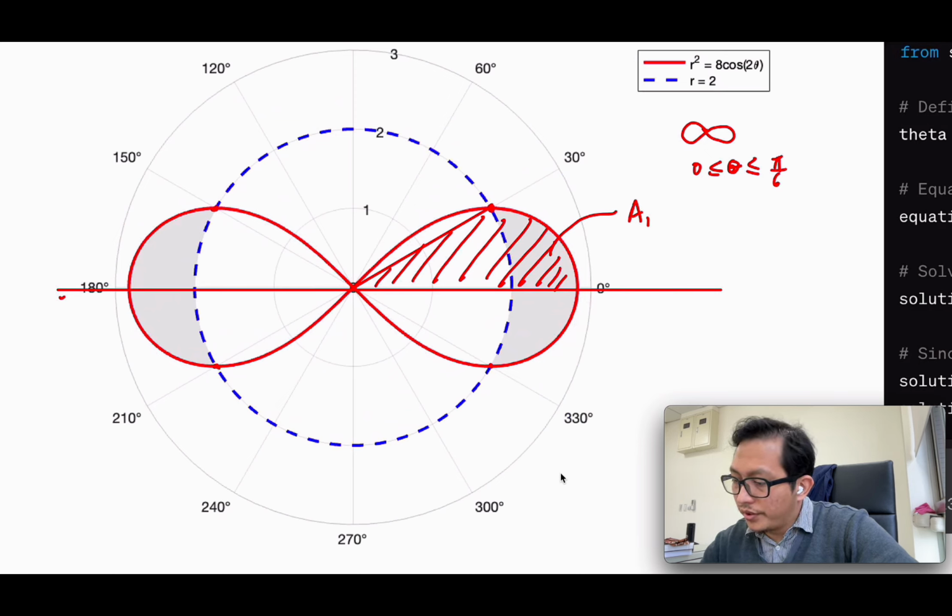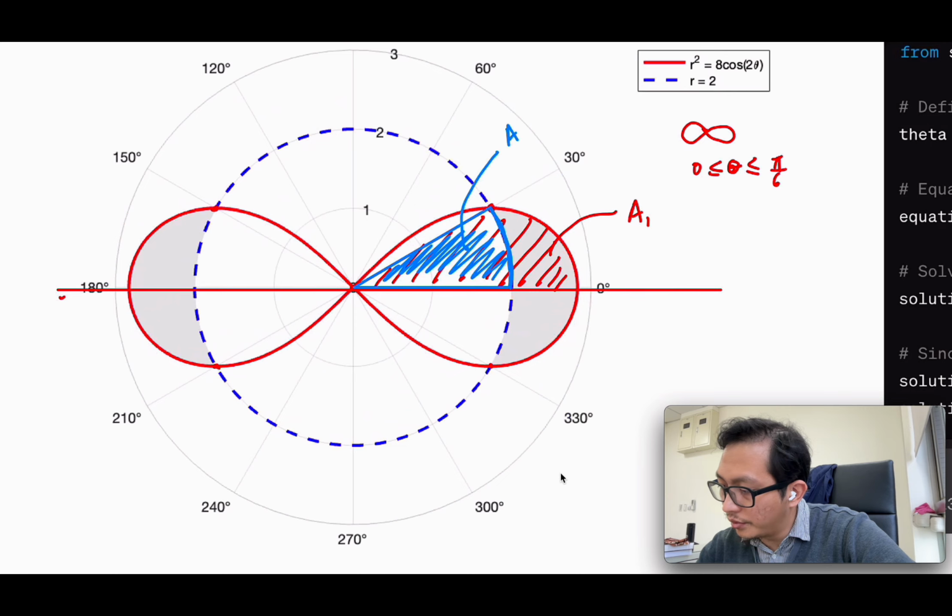If we would like to know the sector area, because this is a circle, like you slice a pizza out of this circle, like one layer of pizza, I take this blue color and we take this up until there. That will be area 2.